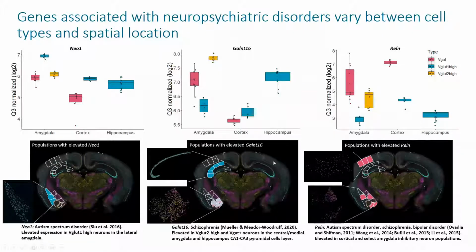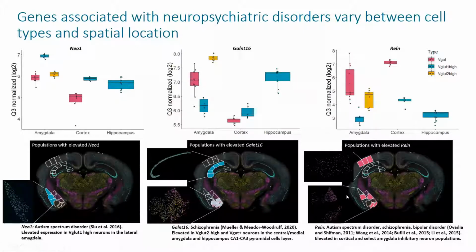And so going further, we are again showing here these targets, how they're differentially expressed in different regions of the brain. We are focused here on the amygdala, and we're demonstrating how, for example, NEO1 and RELN are differentially expressed in these different regions of the brain.